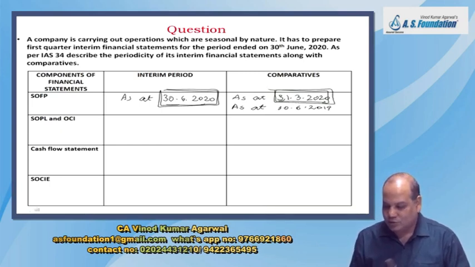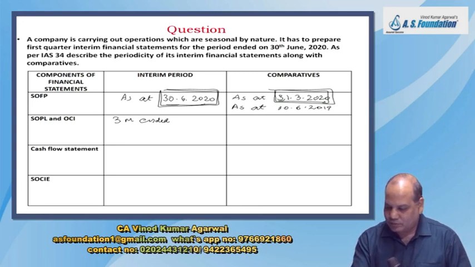Okay, now you try SOPL. Is it the first quarter or the second quarter? We will assume it is the first quarter, 30th June. So first quarter means interim period P&L account 3 months ended 30th June 2020.